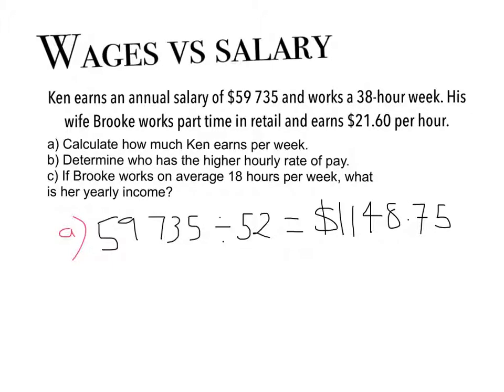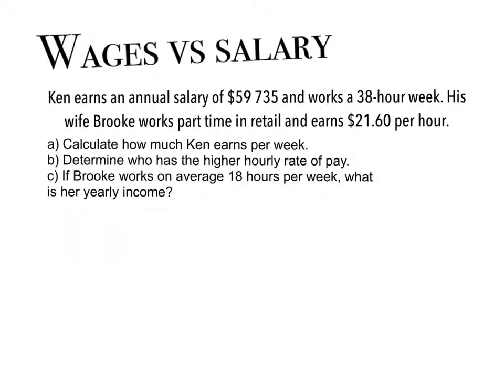Pretty straightforward. All I have to do is divide it by 52 because that's how many weeks are in our year. Okay, that's A. It's not too tricky. Okay, B.